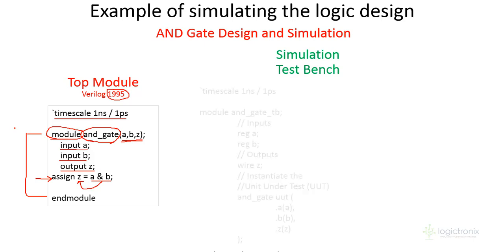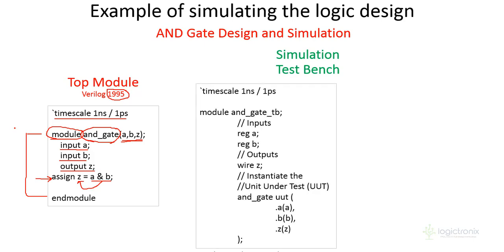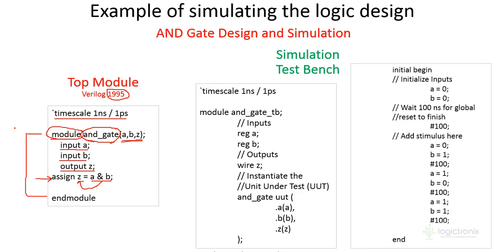So let's see the simulation test bench for this. The simulation test bench is the next level for generating the waveform or the simulation graphs. It is used for verifying the design. We have written the Verilog code for the AND gate, and if we want to verify it, we can write the simulation test bench.